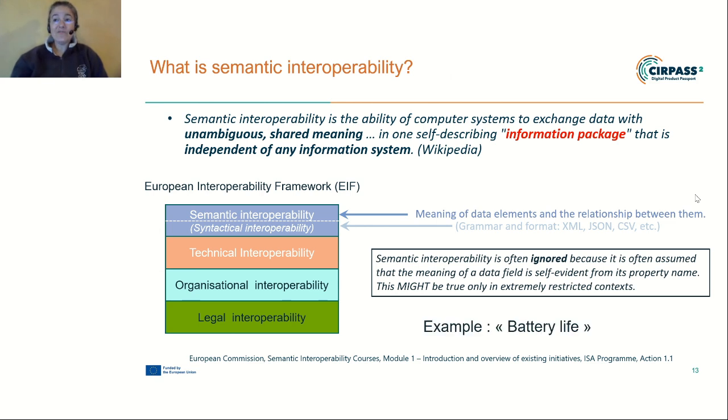But if data travels all over the world, this is no longer true. For example, take the term battery life. There could be possibly dozens of different definitions of what this term actually means. So semantic interoperability means that the meaning of the term will be made explicit and will be contained with the data.